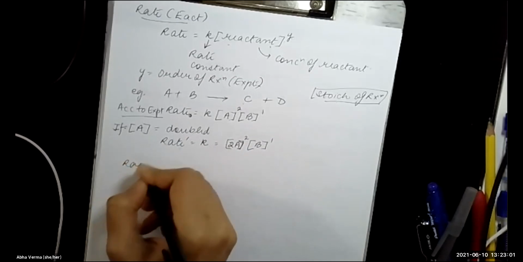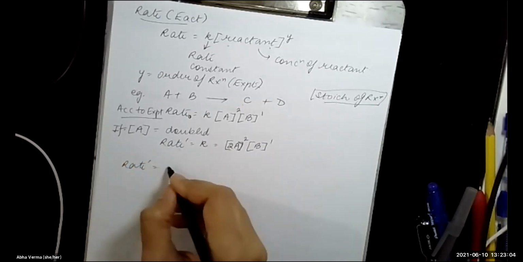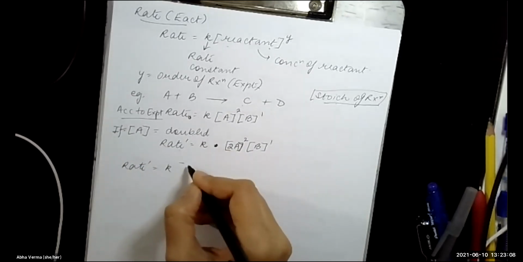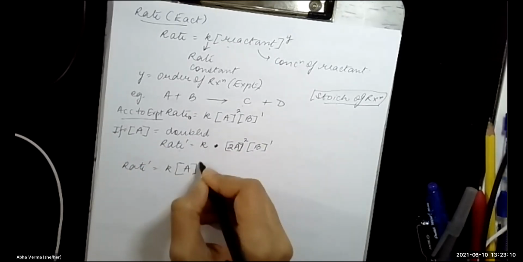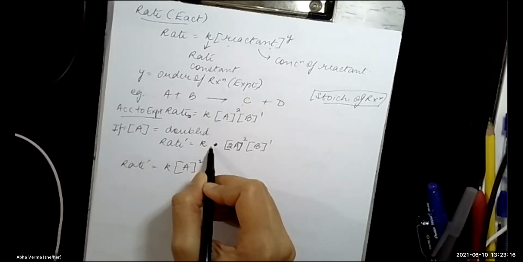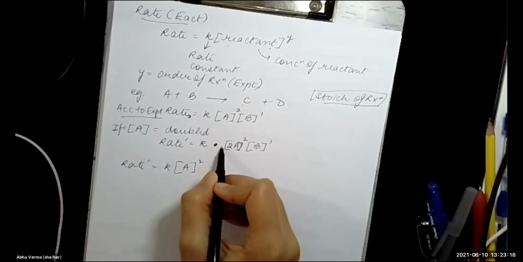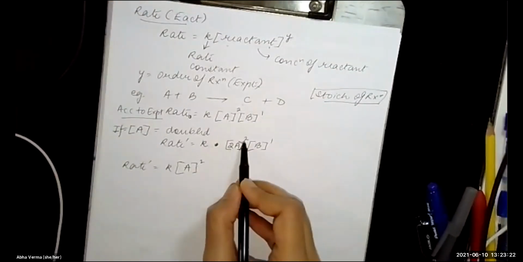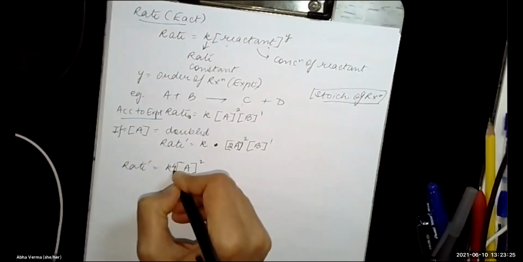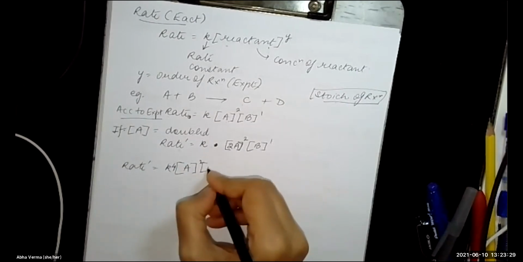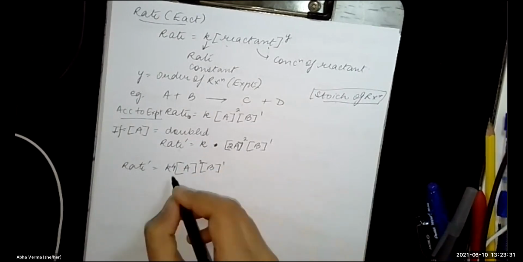So let me write rate prime equals k, 2A squared. And out of this, I'm going to write the 2 outside. What is the 2 squared mean? 2 raised to power 2 is 4. So I'm going to write 4 outside. My B is exactly the same with 1.